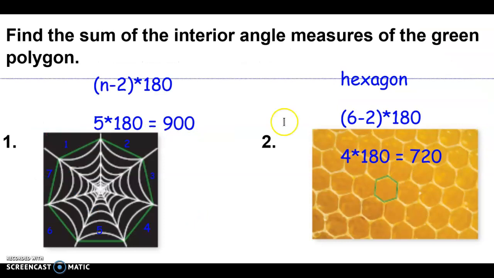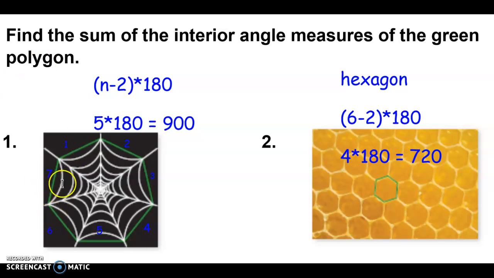So here are two more examples. Find the sum of the interior angle measures of the green polygon. And this kind of stuff is things that scientists do because knowing the angles helps us measure. It's something that architects discuss regarding the stability of structures, for example.